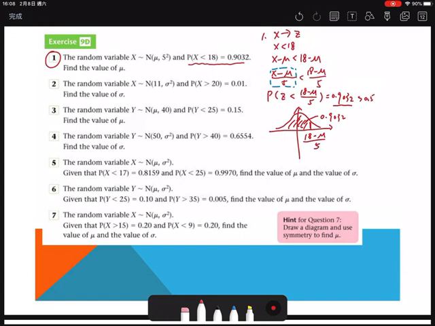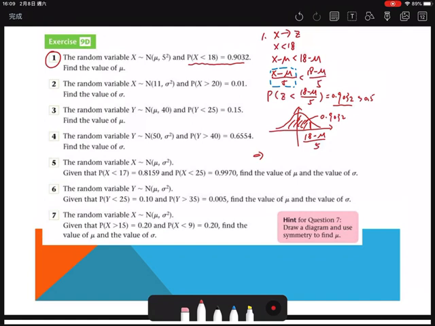Use a table, so we can get the corresponding value for 0.9032. It is 1.30.